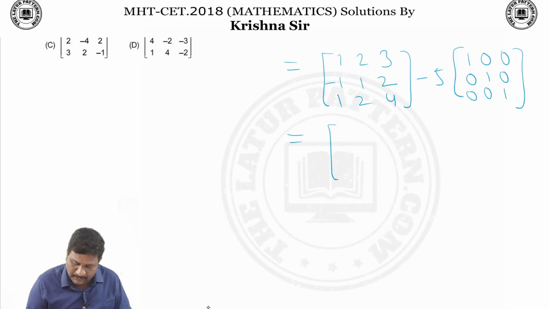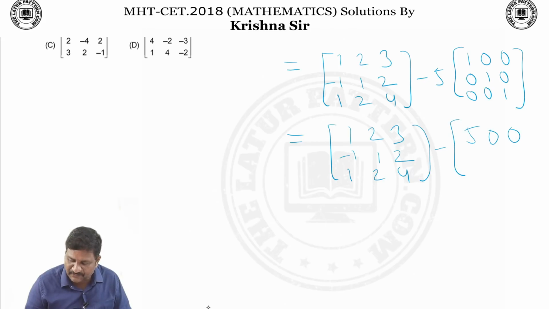Now from this matrix A, 1 2 3, minus 1 1 2, 1 2 4, we subtract the second matrix, multiplied by 5 inside: 5 0 0, 0 5 0, 0 0 5. Let us see only the first row: 1 minus 5 is minus 4, 2 minus 0 is 2, and 3 minus 0 is 3.